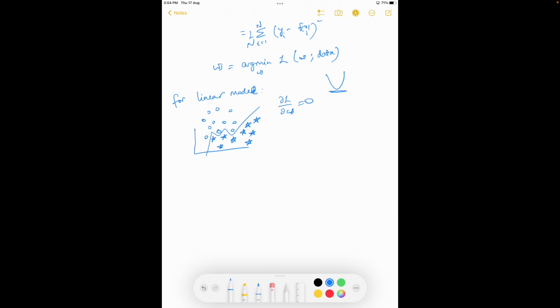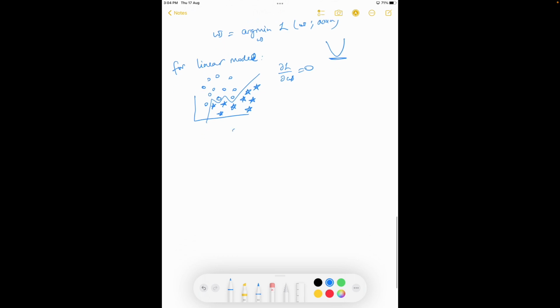So for a non-linear boundary, my f(x) will become a non-linear function of w, which means L will not be quadratic anymore. L will have a very complicated form. How will you find the minimum of L then? So we have to use iterative optimization.